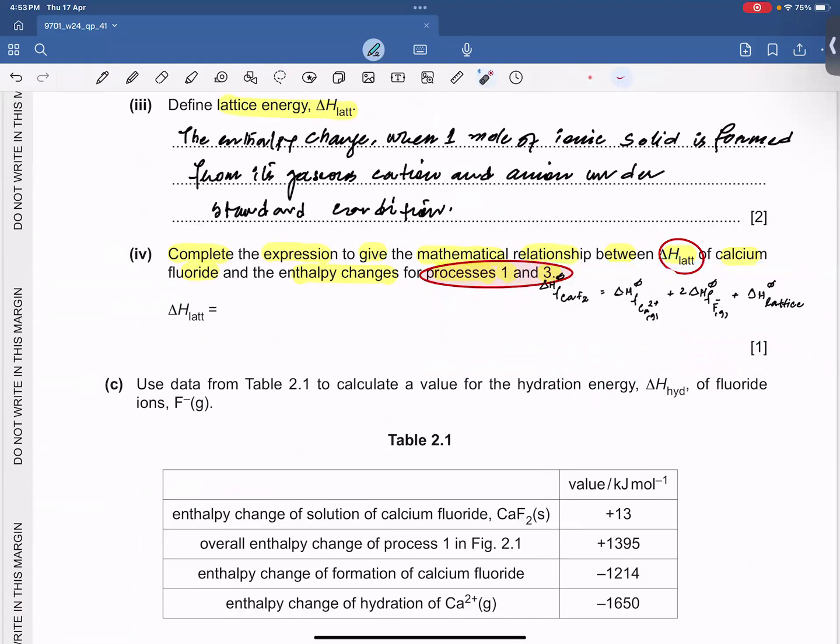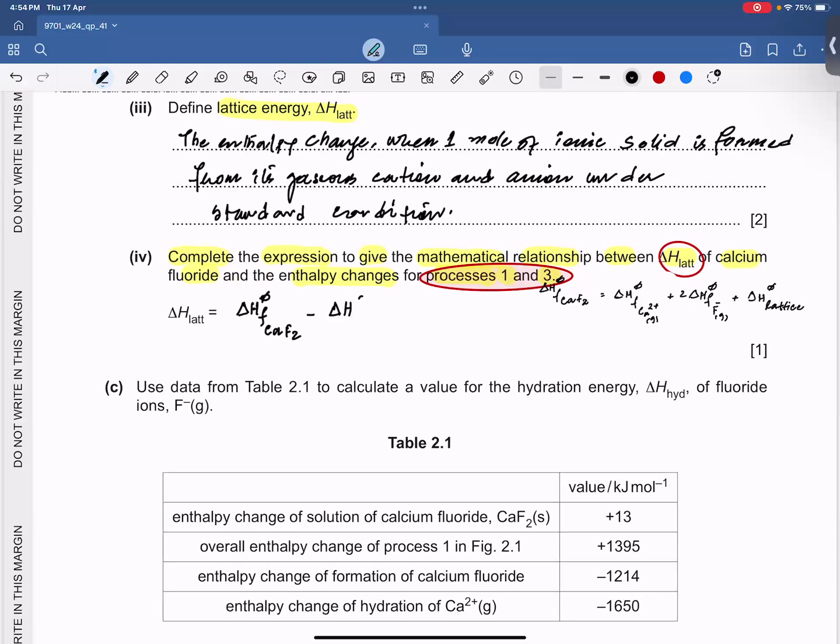So if I want to calculate delta H lattice, it's going to be delta HF of calcium fluoride minus delta HF of calcium ion minus delta HF of fluoride ions.